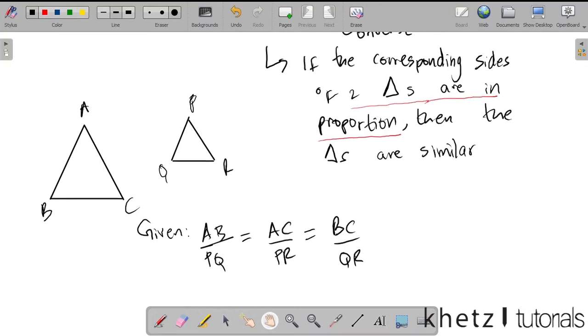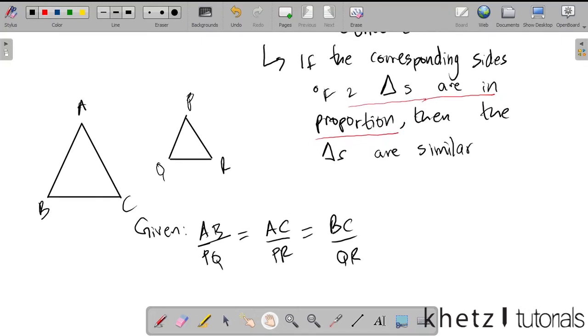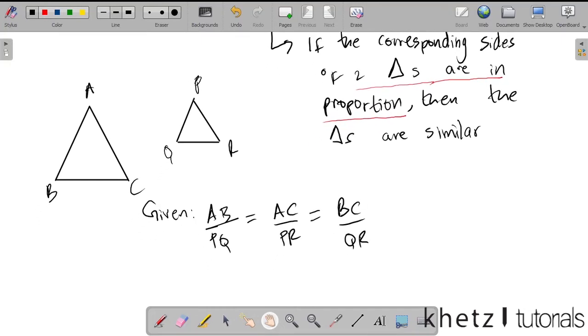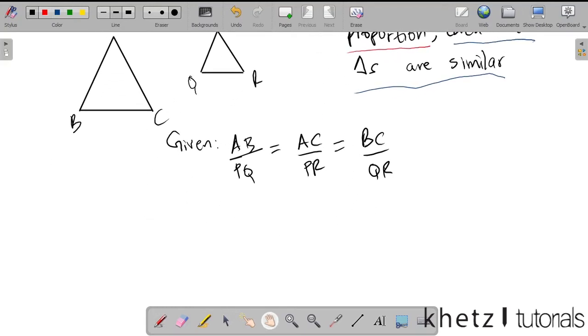So that's the first part of the theorem. It says if two triangles are in proportion, so we have two triangles and we have the proportion given to us, then the triangles are similar. Now the last part is the part which we are unsure of. Then the triangles are similar, and therefore we want to prove that the last part is actually true.